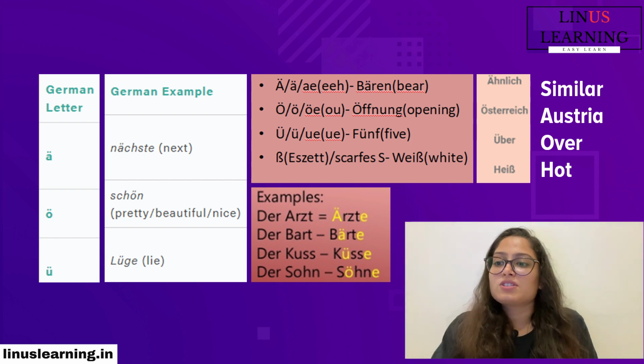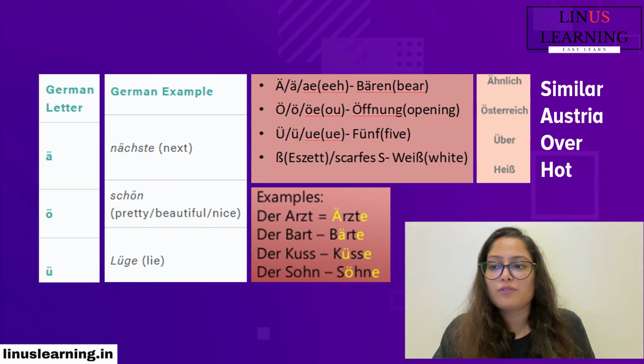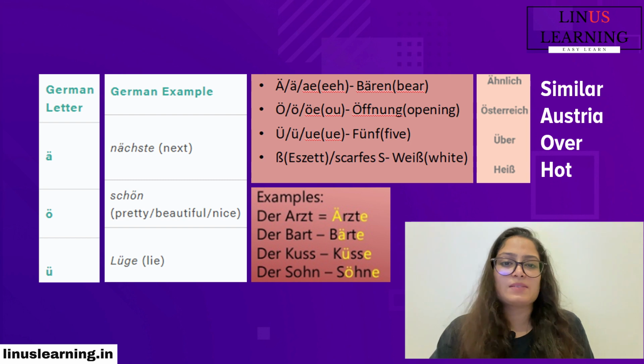This sharp S, or S set, in German you can say scharfes S. Scharf means sharp. This is common in words like heiß, weiß. Heiß means hot, weiß means white.